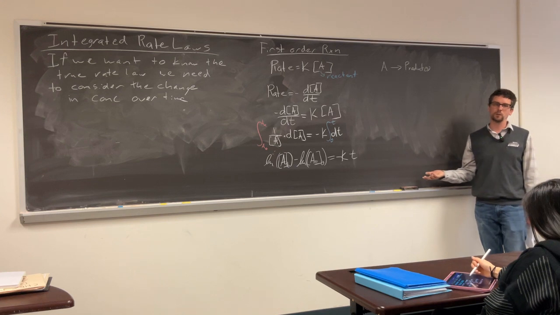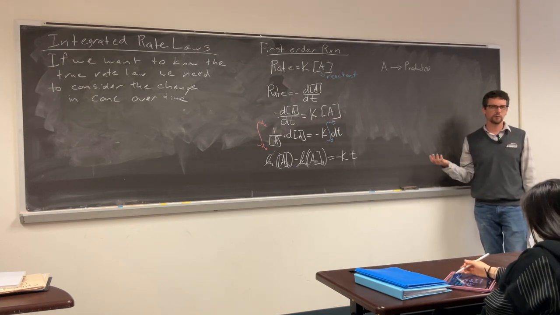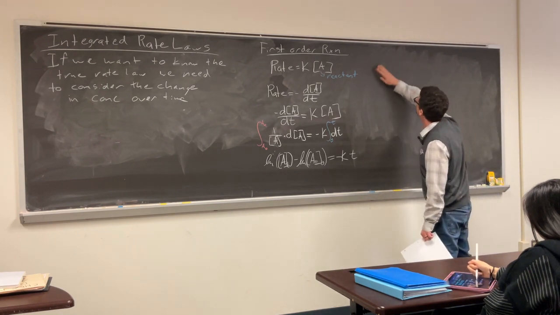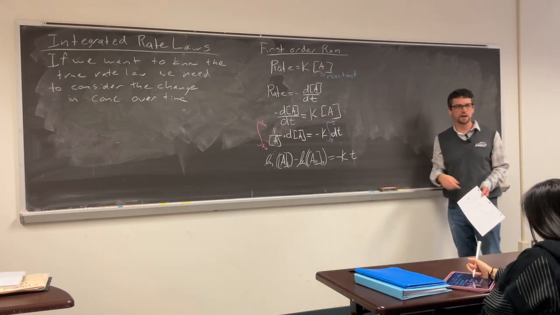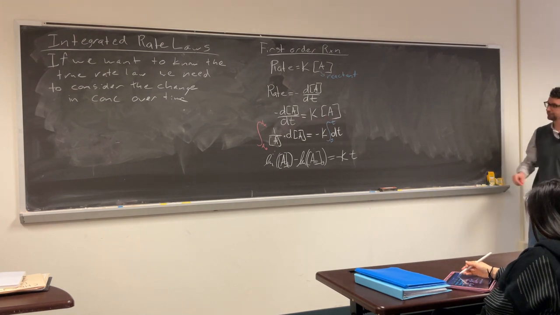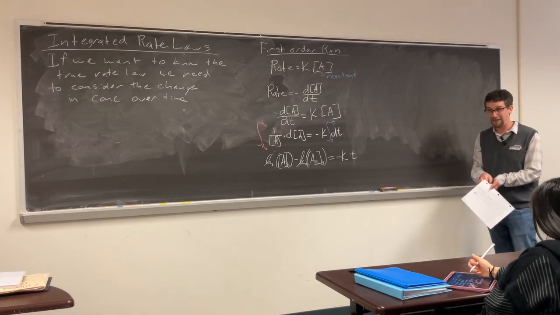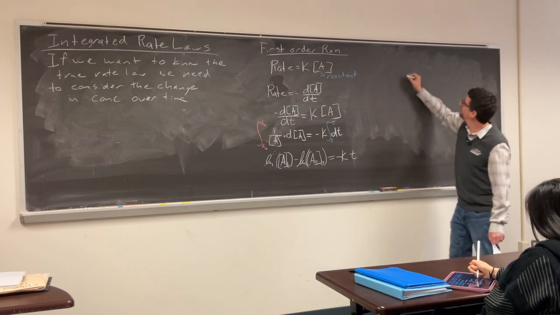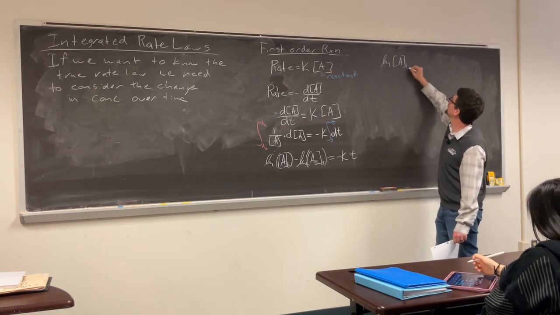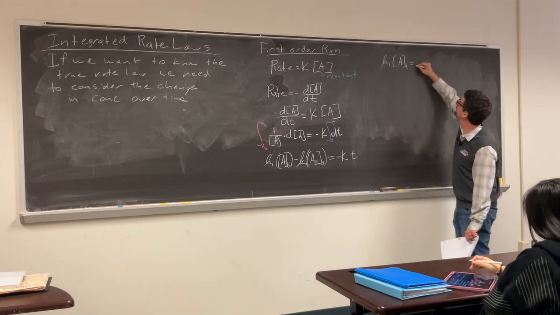What would I do to show that a reaction were first order? Or what did you guys do? A line. Yep, because it's pcom, why not? Let's transform this into a line.